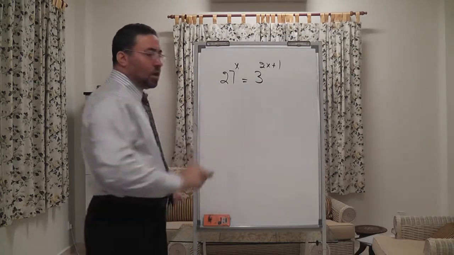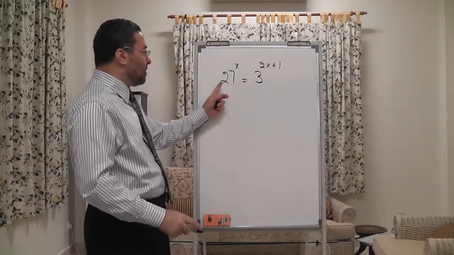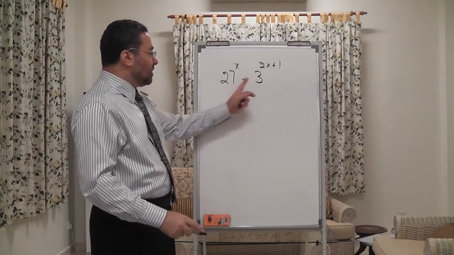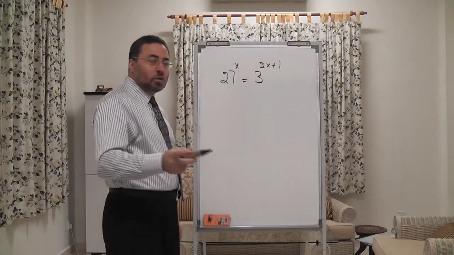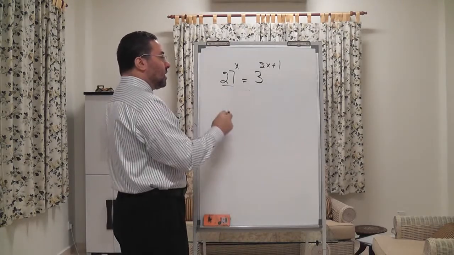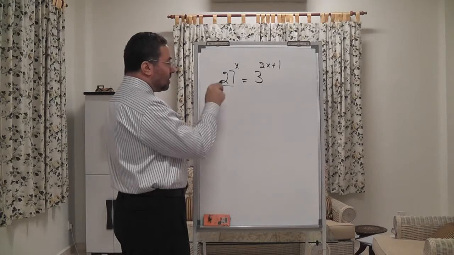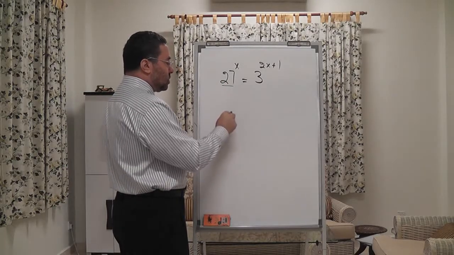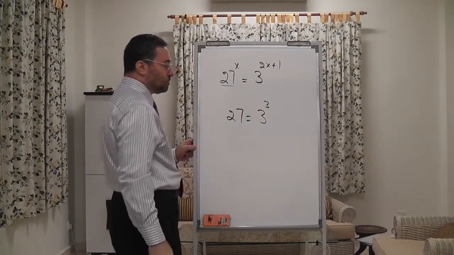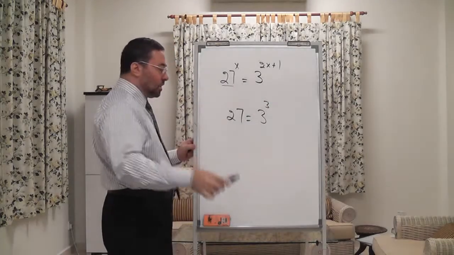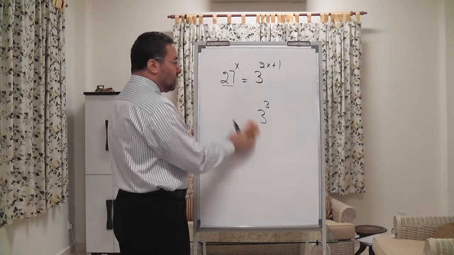Here, at this stage, we cannot do anything because we have a base of 27 and a base of 3. We need to change one of them to be either this base 3 or this base 27. This is the easier one to change because 27 equals 3 cubed, 3 times 3 times 3. So we can replace 27 with 3 cubed.